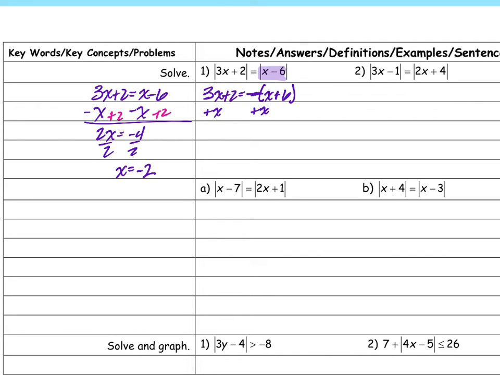And again, I'm still subtracting 2. So I get 4x equals 4, divide by 4, and x equals 1. Okay? So my answer would be negative 2 and 1 on this one.